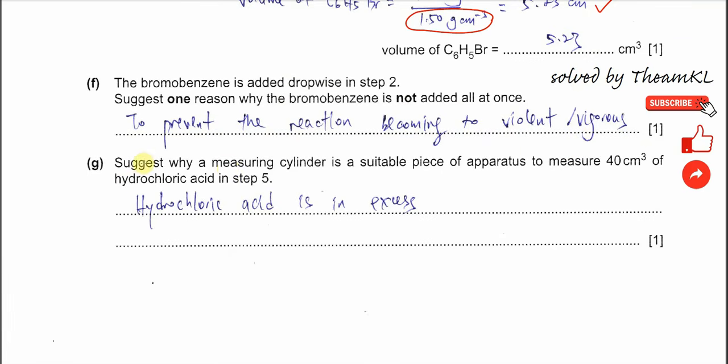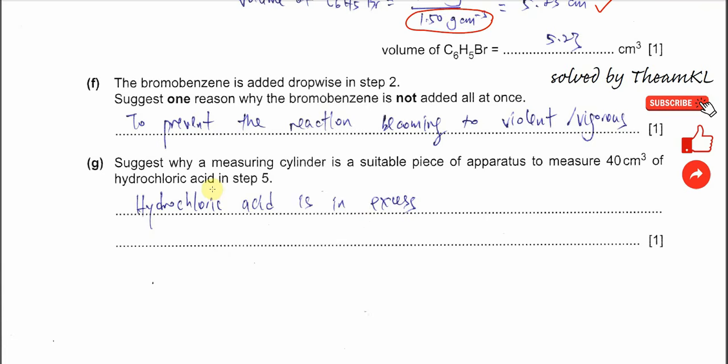Okay, part G. Suggest why a measuring cylinder is a suitable piece of apparatus to measure the 40 cm cube of HCl. In step 5, this acid is just used to produce the alcohol, and it is in excess. So when the reagent is in excess, it's not really that particular.